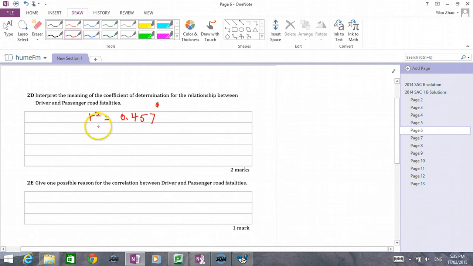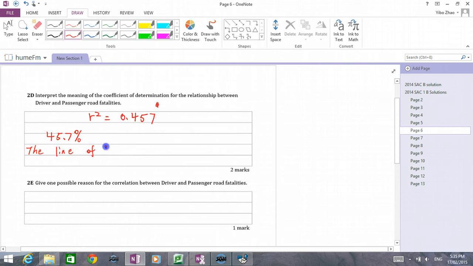Remember, R square gives us a percentage of accuracy, and the accuracy is about the line of best fit.